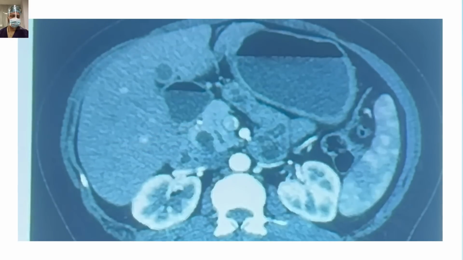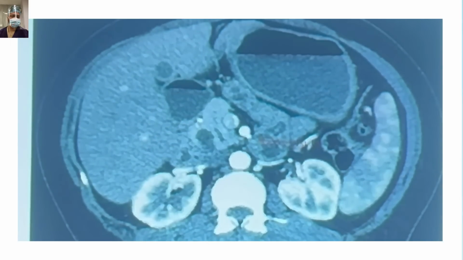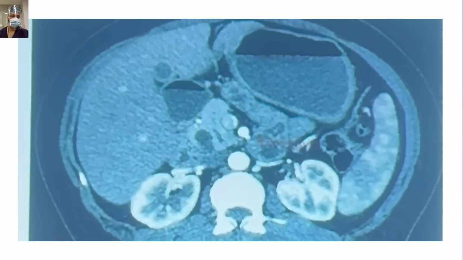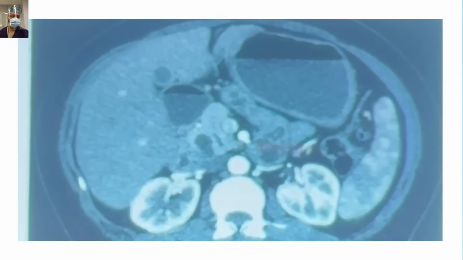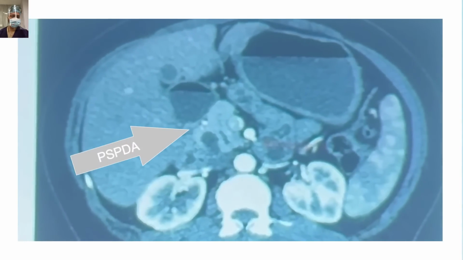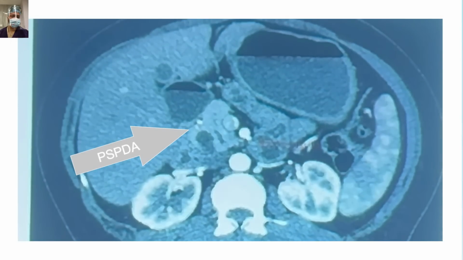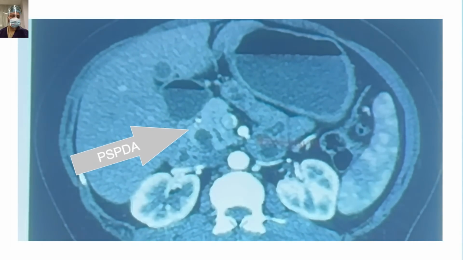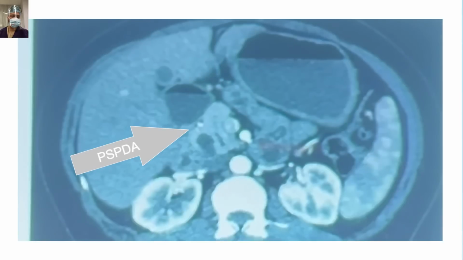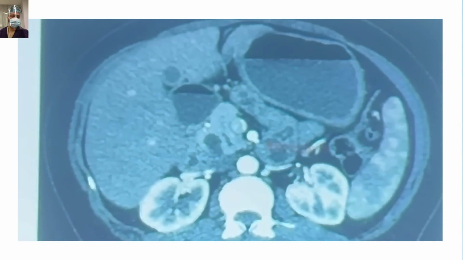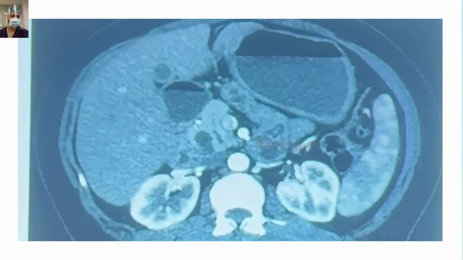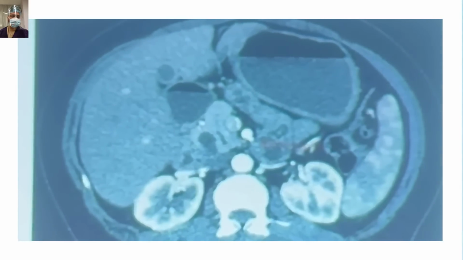In that case, you have to remember that after ligating the GDA, there will be another arterial structure originating from the hepatic artery and going towards the pancreas. So you have to ligate another arterial structure, that will be the PSPDA, which is not the case in this patient, but you have to remember this variation.